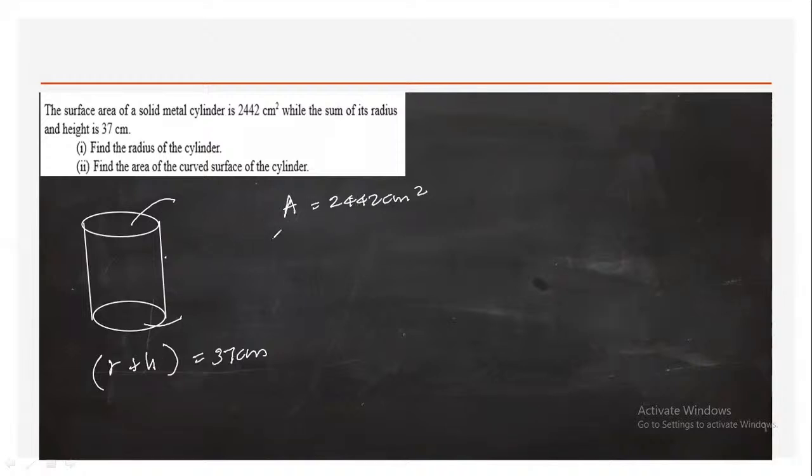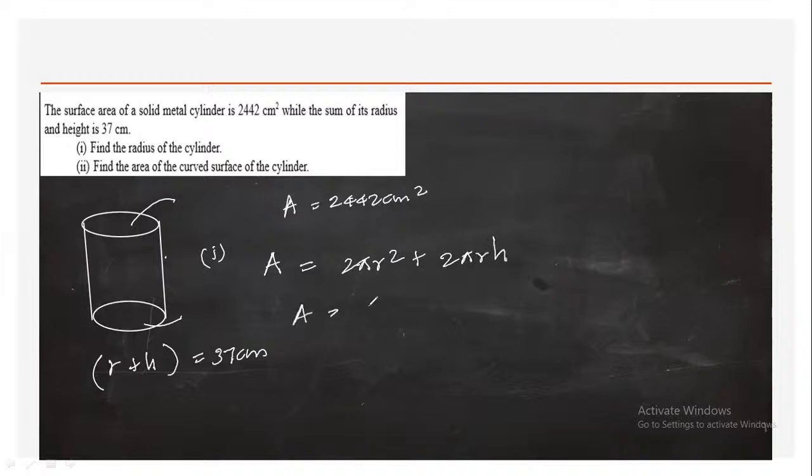So we have to find the radius of the cylinder. The total surface area has been given. At the beginning I showed you the formula. Total surface area equals 2 pi r squared plus 2 pi r h.